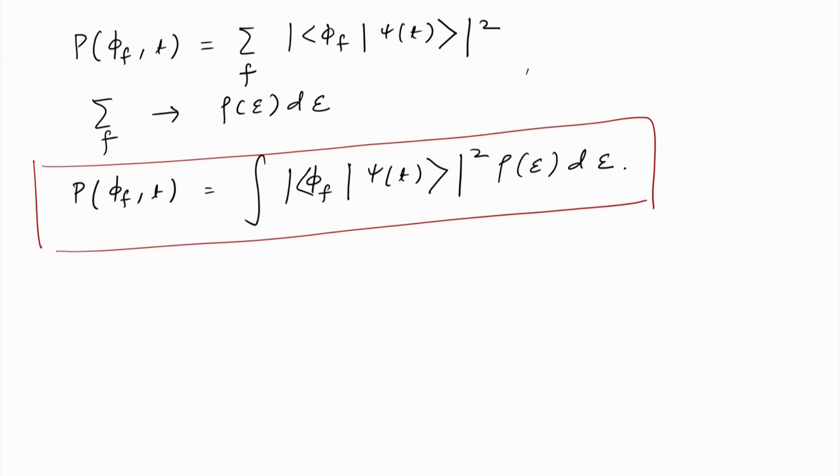So, we are now equipped to talk about Fermi's golden rule, and let us see what it means in the present context, that is including this density of states for the final states and so on. So, let us take again a sinusoidal perturbation of the form that we had taken.